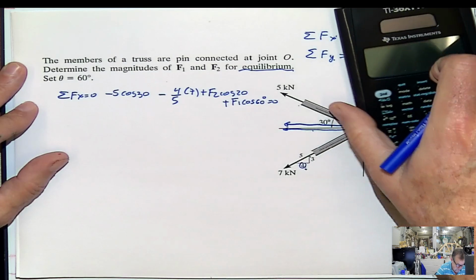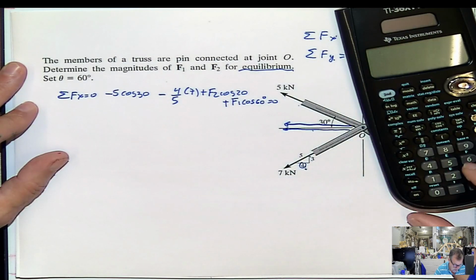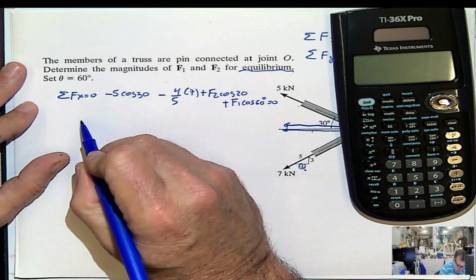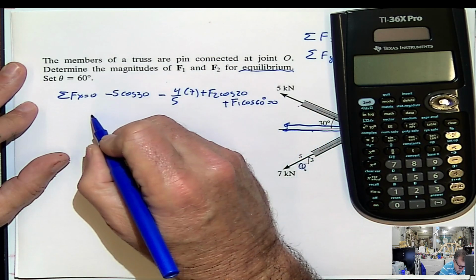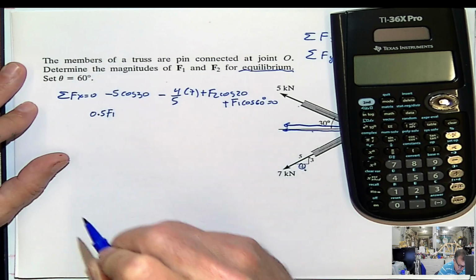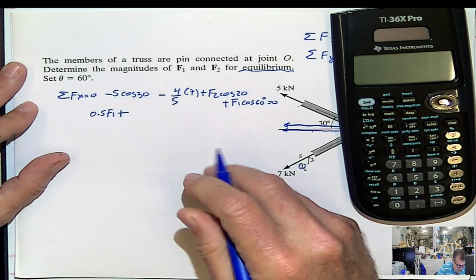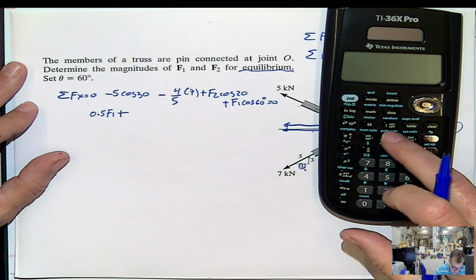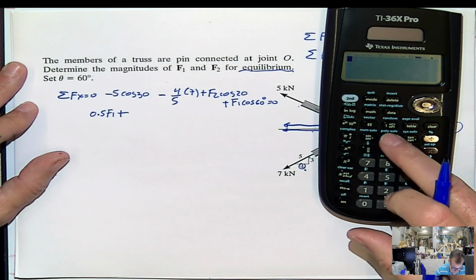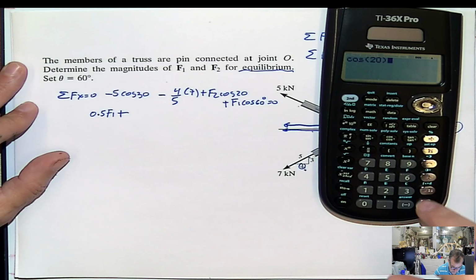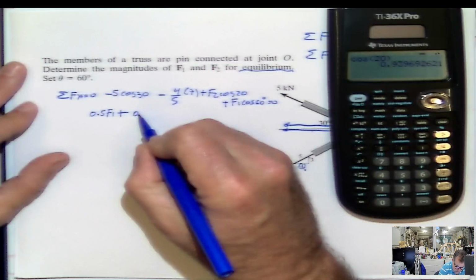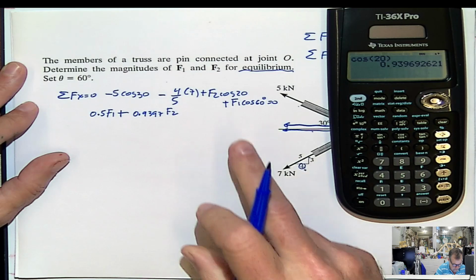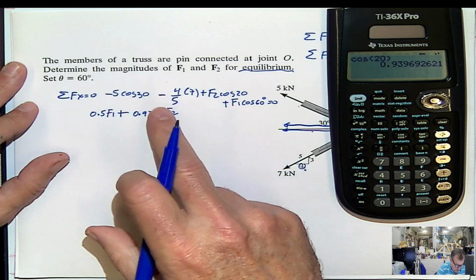Now we can just work with this system. F1 cosine 60 means 0.5 F1, plus F2 cosine 20, I'm sorry, cosine 20 is 0.9397 F2, and then we have these other two terms that are negative.